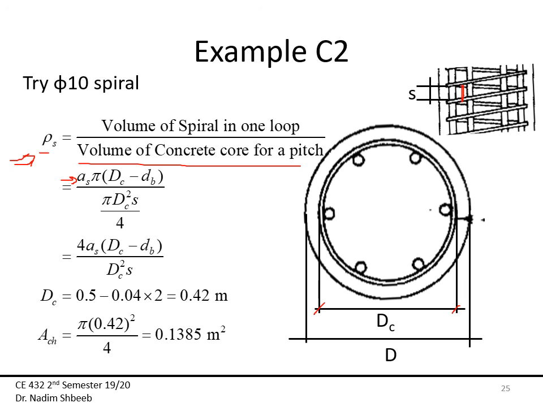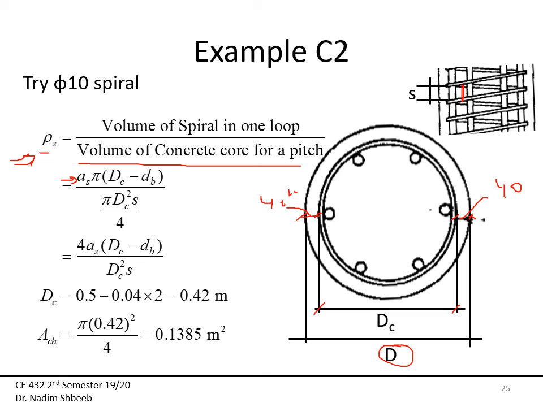So let's say I have a column, and my concrete cover is 40 millimeters each side. So my DC will technically be the total diameter D, minus my covers, and we do not include phi of the spiral.